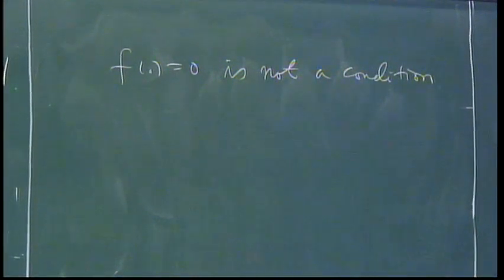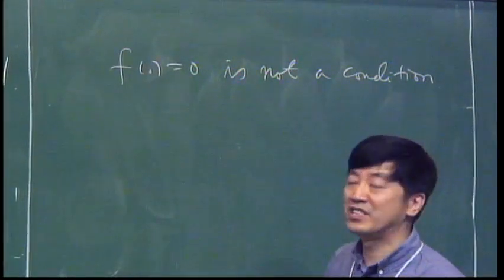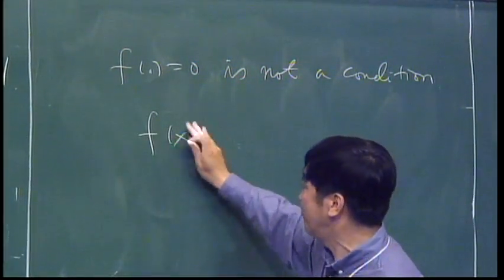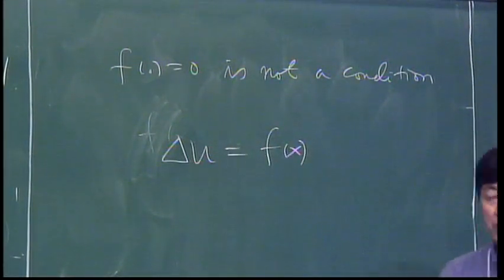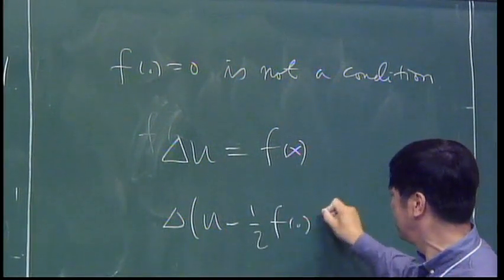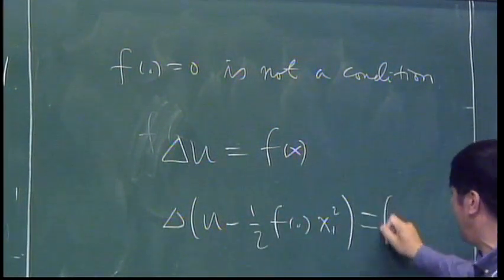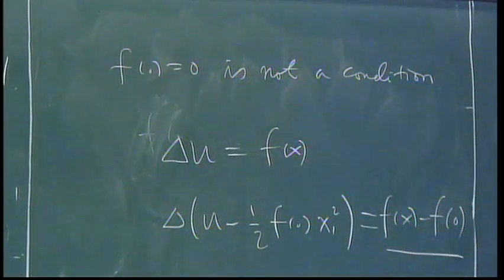But if I do this for minimal surface, I do it for harmonic map, this becomes a condition. This is usually an unavoidable condition. But for the Laplacian, this is not a condition at all. So for example, Laplacian u equals f, right? I can make f0 equal to 0 just by subtracting half f0 x1 squared, so that it equals f of x minus f0.